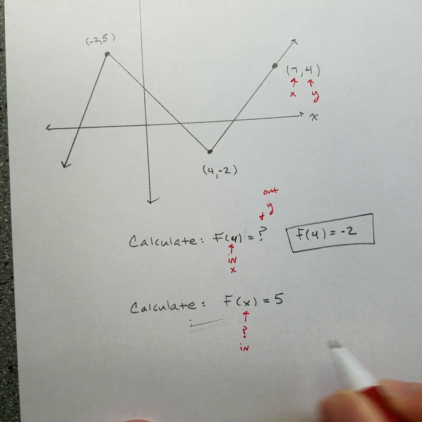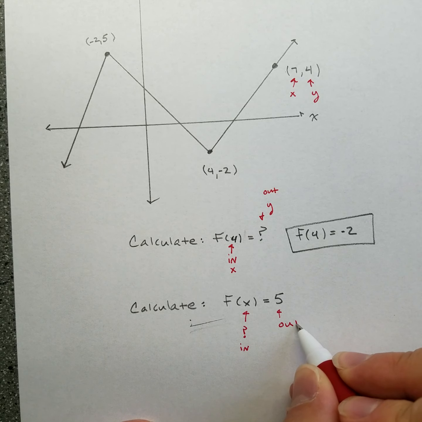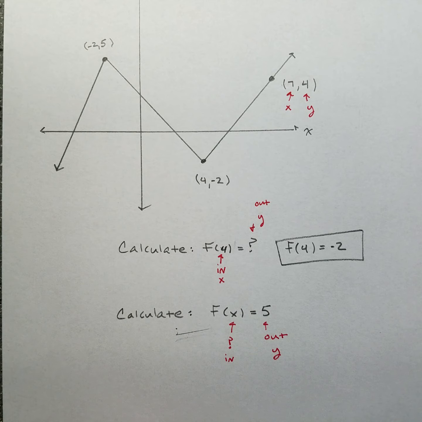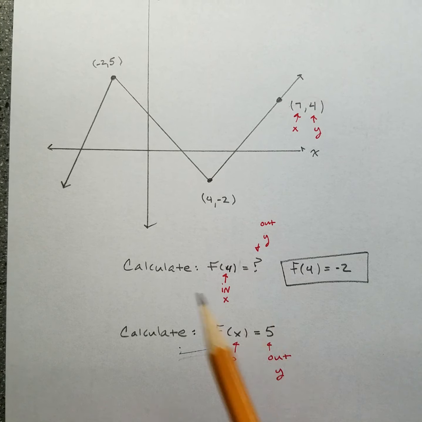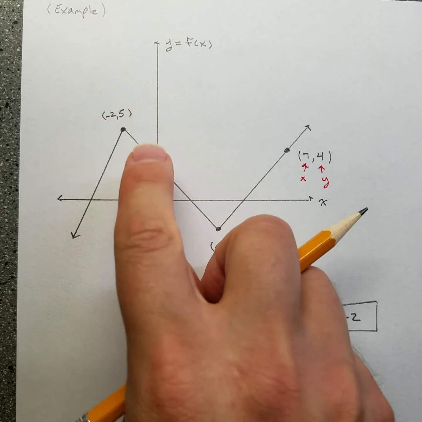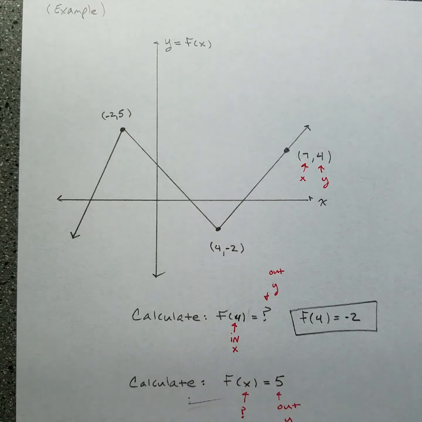The input is the mystery, and 5 is the output, or the y. It all depends on how you want to look at it. So I might say, is there a point indicated where y is 5? And for that point, what's the x that gets paired with it? Well, I can look right there. It pairs x being -2 with y being 5.